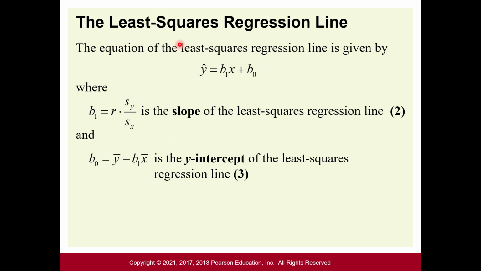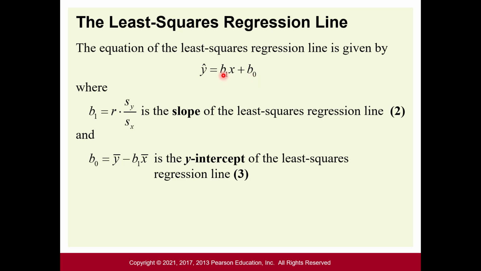So here's our least squares regression line. It's the equation of a line, and notice this is in slope-intercept form. So y hat, instead of just y, because y hat equals our predicted value, equals b sub 1 x plus b naught. You could call this b sub 0, but we tend to call it b naught.